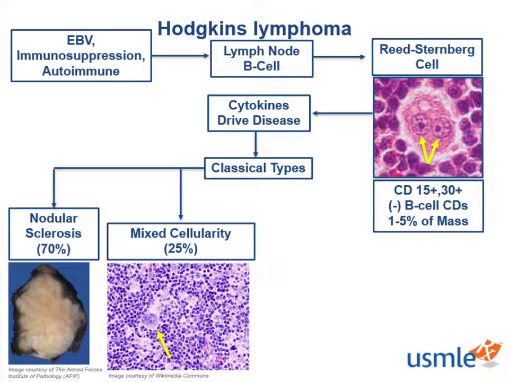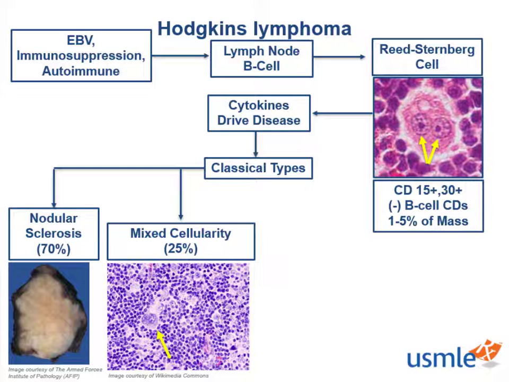Test makers may simply ask what cytokine released from the Reed-Sternberg cell recruited the eosinophils. IL-5, very high yield. If you spell 5, it ends in E, with that E standing for eosinophils. Make sure you know that IL-5 recruits eosinophils.